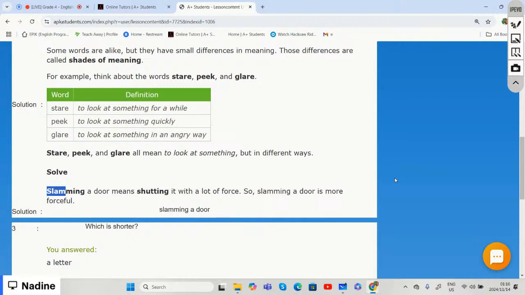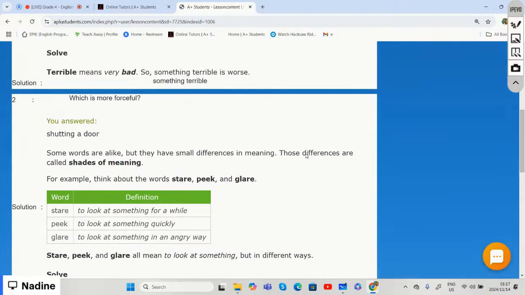Shutting the door or slamming the door? All right.